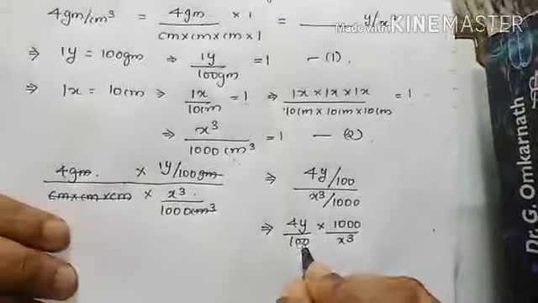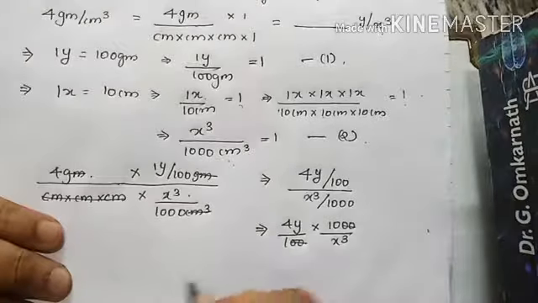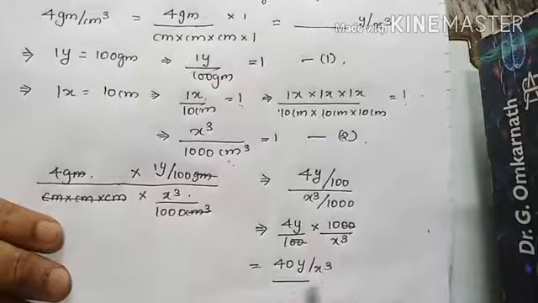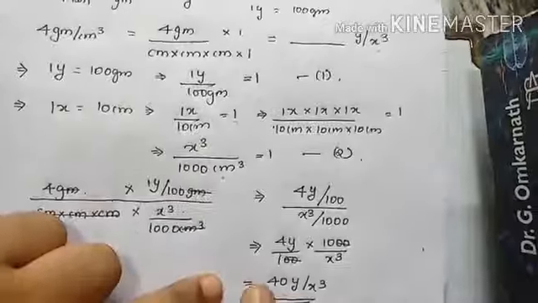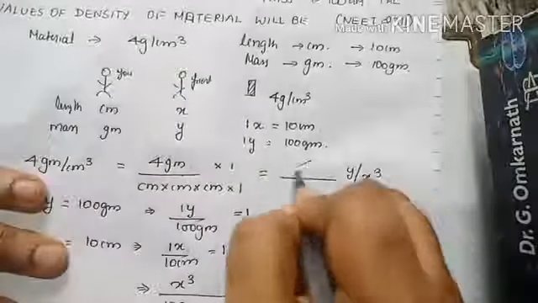Can I cut off something? Yes. So it will be 40y by x cube. So here, y by x cube. What is the term that should be written in the blank space? It is 40.